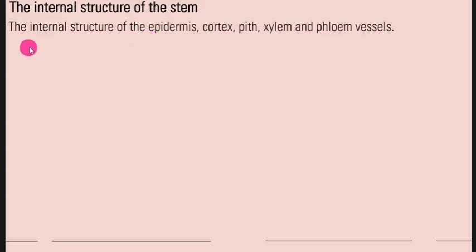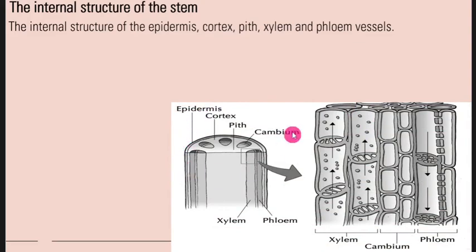So you must write: the internal structure of the stem consists of the epidermis, cortex, pith, xylem, and phloem vessels as shown. All right, so this is the cross section through a stem.